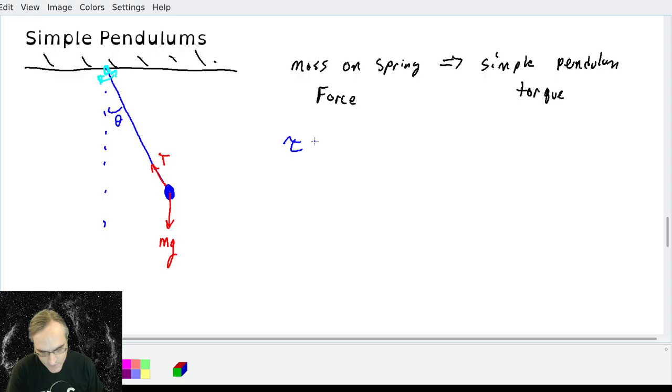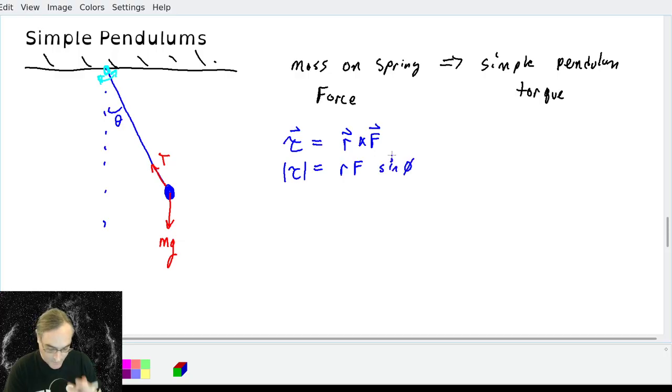So torque due to anything. Well, the size of the torque is really found as r cross F, but if we only care about magnitude, then that's just going to be r times F times sine of the angle between them. Okay, well, the important thing to point out here is if we're looking for the torque due to the tension, then it's going to be the whole length of our rod that matters.